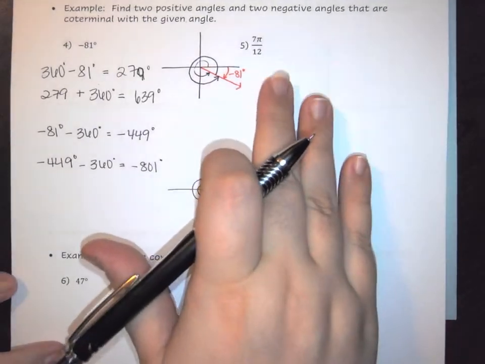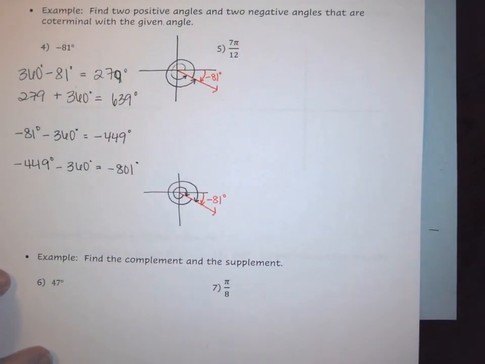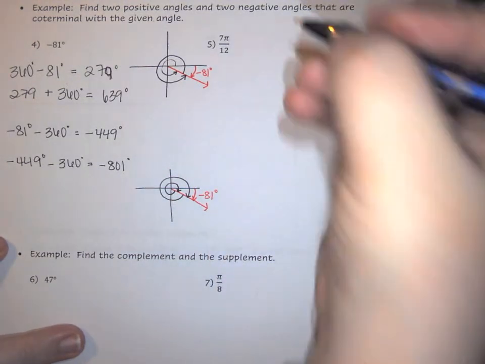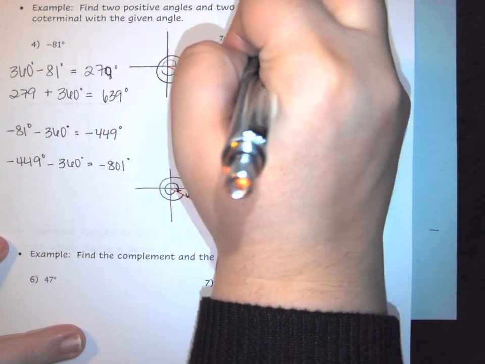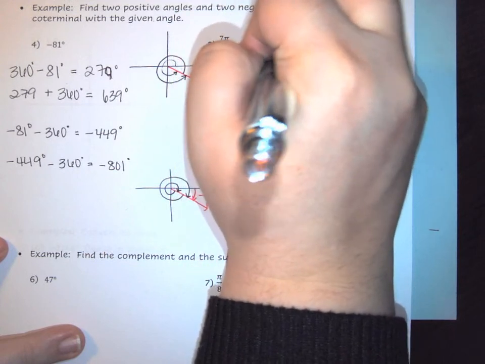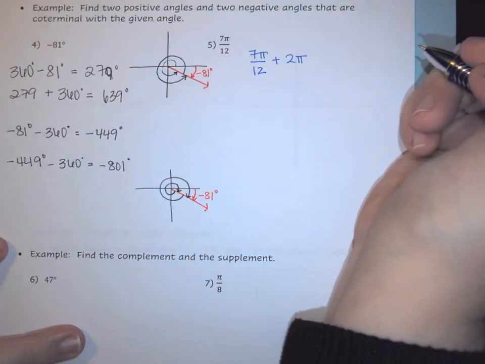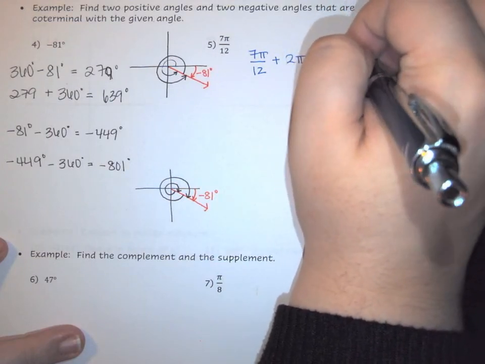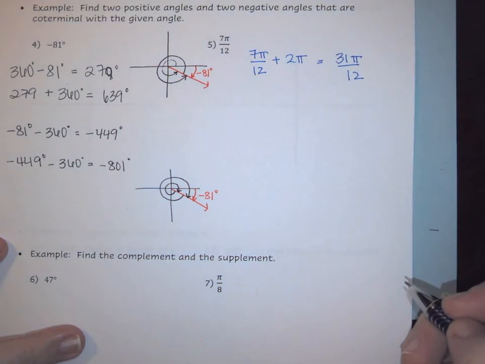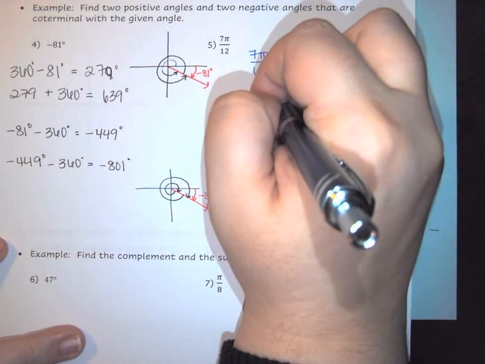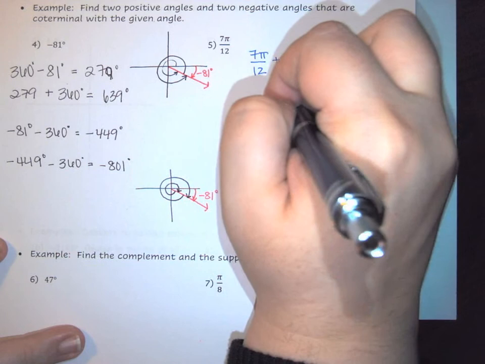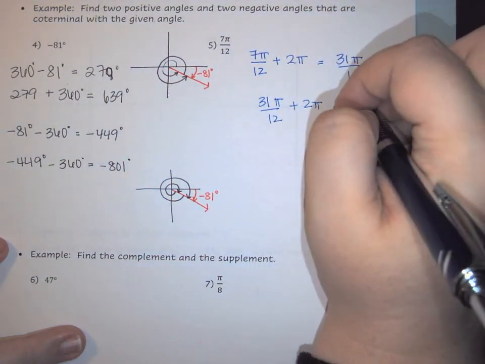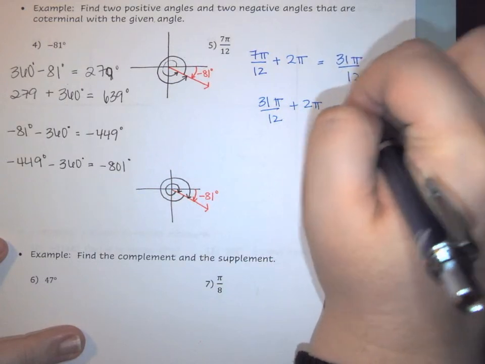Now we can do that same idea with our radians. Okay, so here I would start with my radian, and in this case we're going to take our measure, 7 pi over 12, and we're going to add 2 pi to it. When you do that, the first thing you get is going to be 31 pi over 12. You're going to then take what you found, 31 pi over 12, add another rotation to it, and in this case you end up with 17 pi over 12.